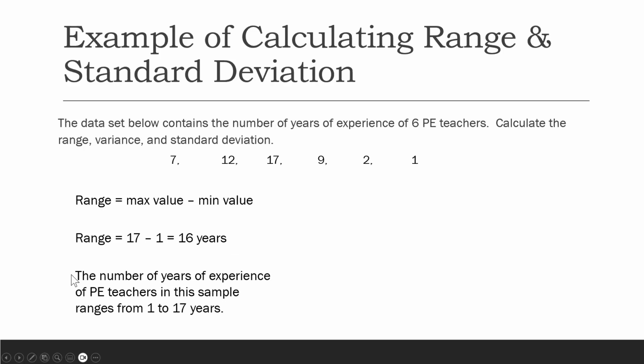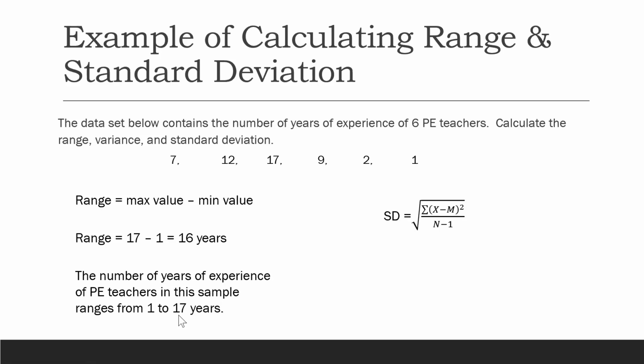A lot of times we may see it reported this way: the number of years of experience of PE teachers in this sample ranges from 1 to 17 years. That gives me a lot of information. Now, if I had 2 groups of PE teachers and I wanted to know which group was more widespread, then comparing the single number will be valuable. But reporting to the public, having this written this way, is very helpful.